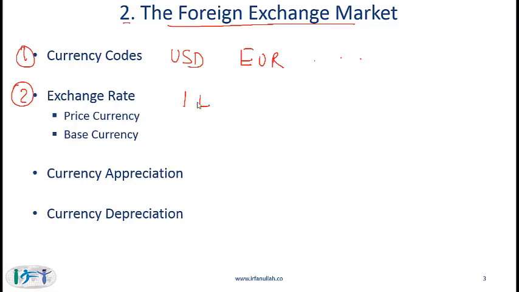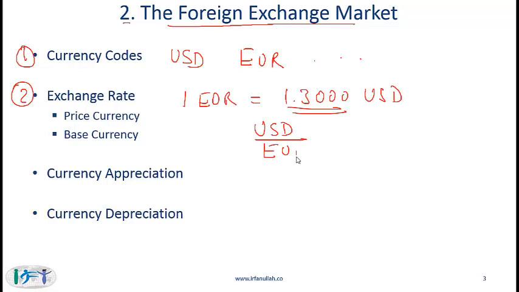We might say that 1 euro is for 1.3000 USD. This is an exchange rate. The convention used in the curriculum is as follows. We say that USD over EUR, or euro, is equal to 1.3000. The currency indicated in the denominator is the base currency, and this currency has 1 unit.